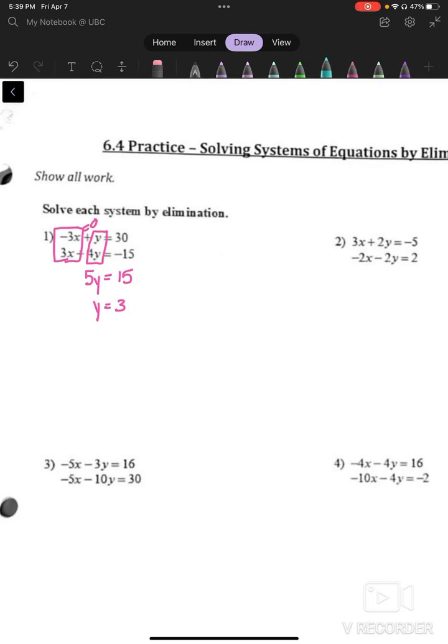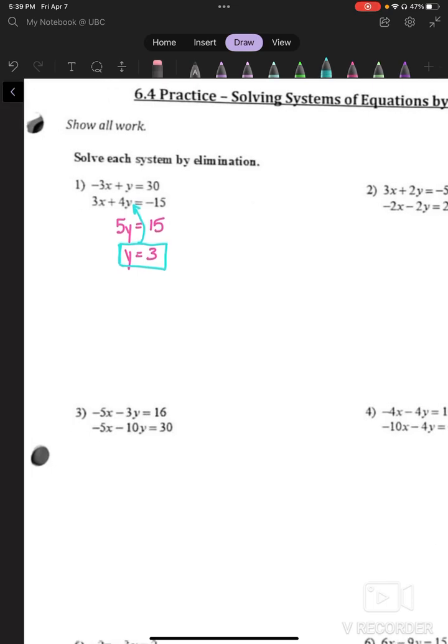So that one's pretty simple, and then you can take this y equals 3 and put it in here for y. Either one of the equations works, so you can put the y into the second equation or the first, it doesn't matter, it'll give you the same answer. So 3x plus 4 times 3 equals negative 15.